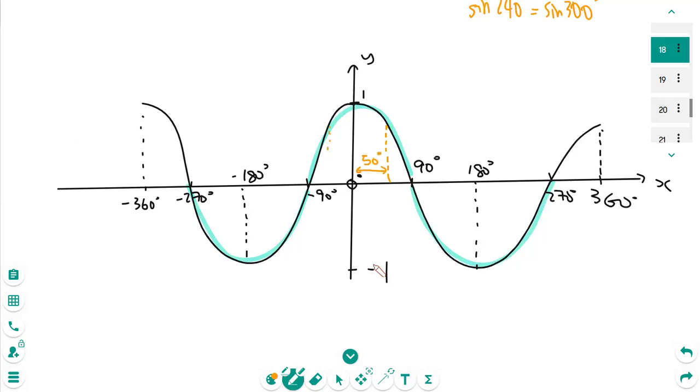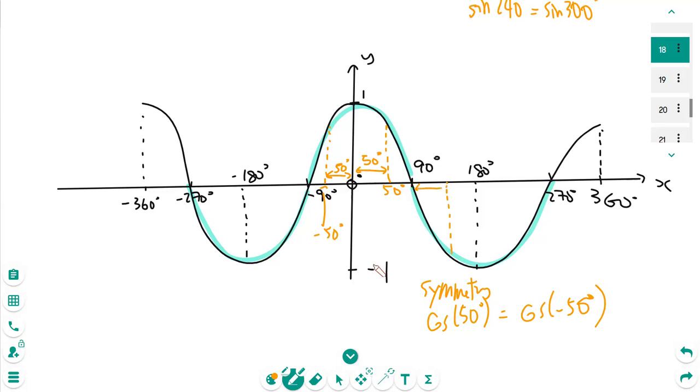Then we also have 50 degrees in here, which means this value would be minus 50. So if you put it in a calculator, very interestingly, cos 50 degrees will actually equal cos negative 50 degrees because they give you the same value. Okay. Now, what about in here?